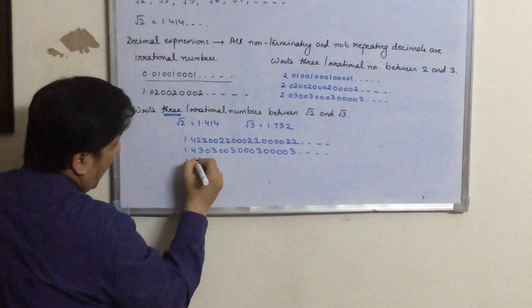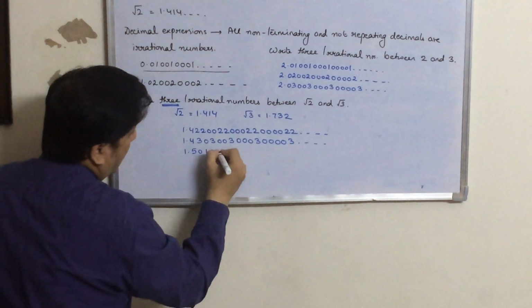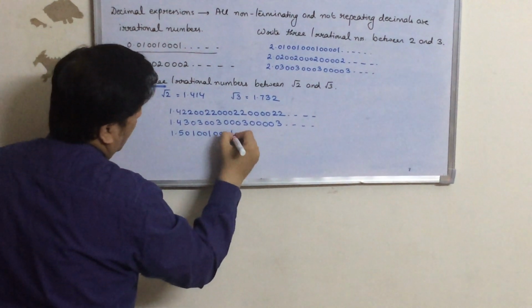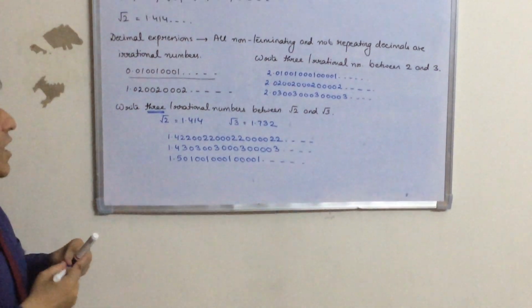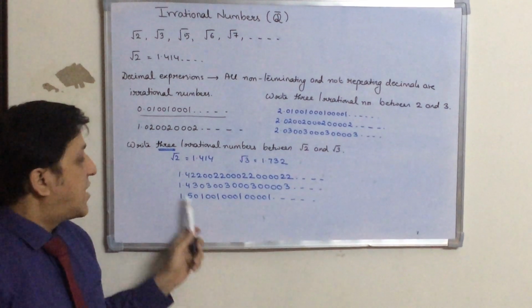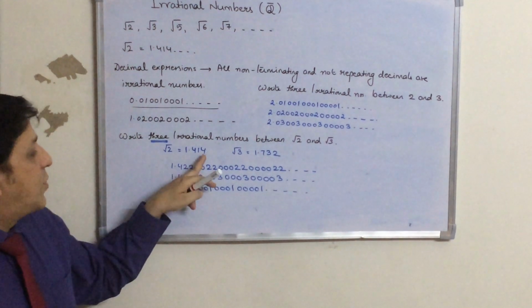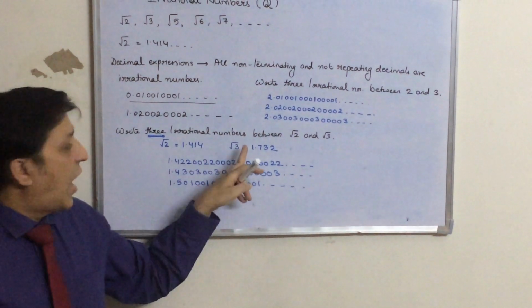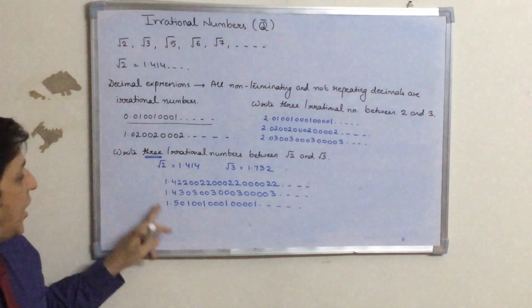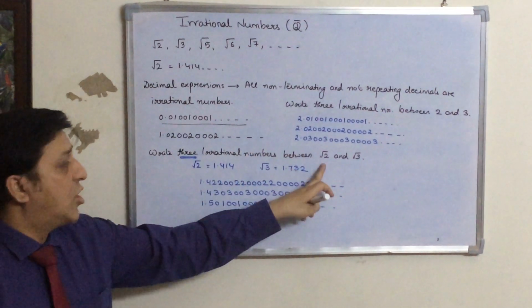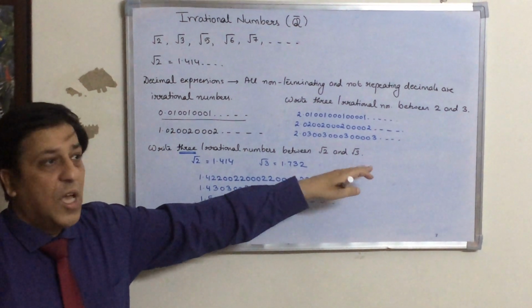The third can be 1.501, 001, 0001, 00001 dot dot dot. So we can write any numbers in the same format, which is between 1.414 and 1.732. So these are the three irrational numbers between under root 2 and under root 3.